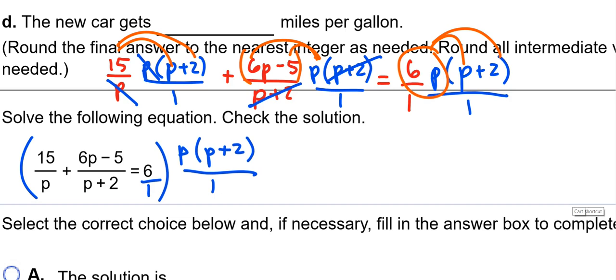This is where I lost. 6p squared plus 12p. Yeah. Think of it like this. If I wrote it like that, and then just said that whole thing times that, and that whole thing times this.